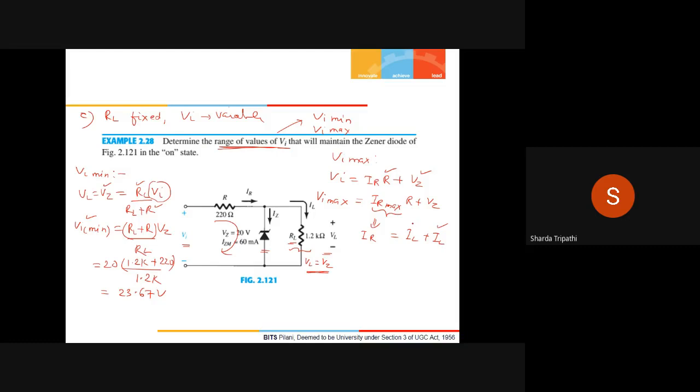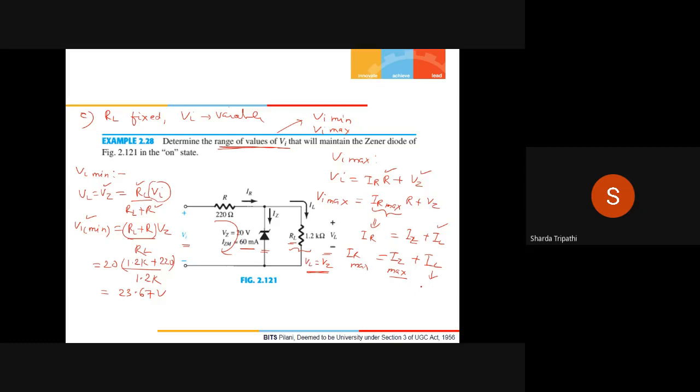The only thing that can vary is IZ. So if I want to find out the maximum value of IR, this will be equal to IZ max plus IL. And IZ max is again given in the question. This is the specification of the diode itself. This is 60 milliamperes. तो मुझे निकालना क्या है? बस मुझे निकालना है IL.